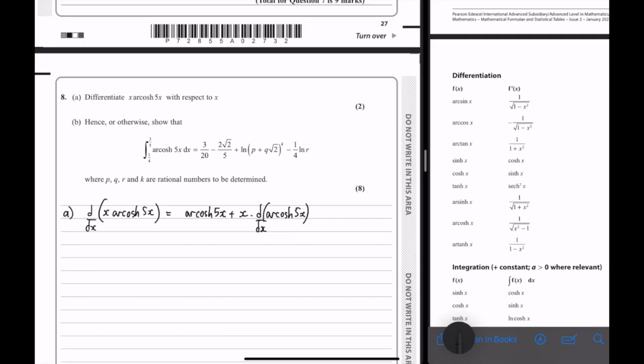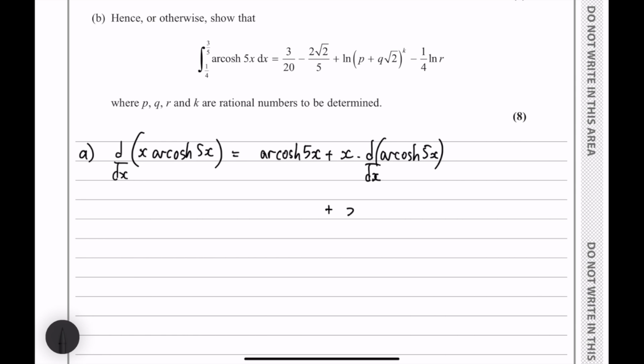Okay, it's on the right here, arcosh, I've got 1 over the root of x squared minus 1. So that's x times 1 over the square root of x squared. But it's not x squared, it's 5x squared, so that makes 25x squared minus 1, like that.